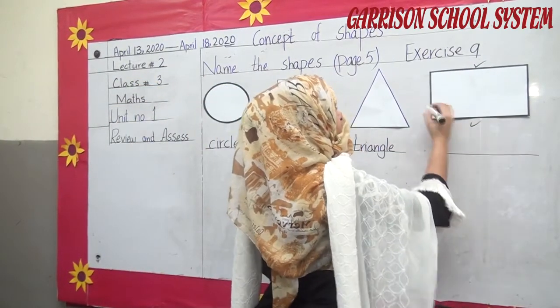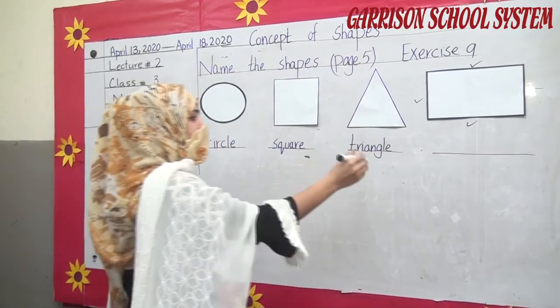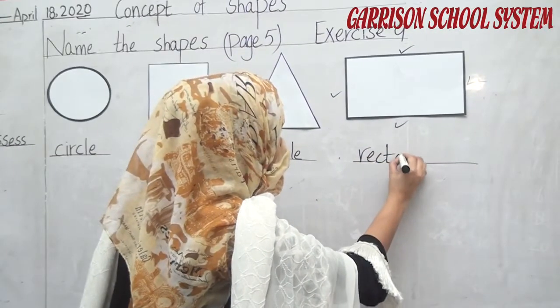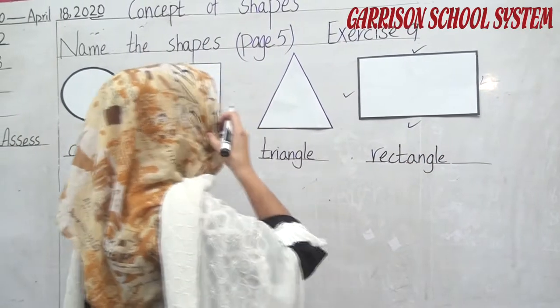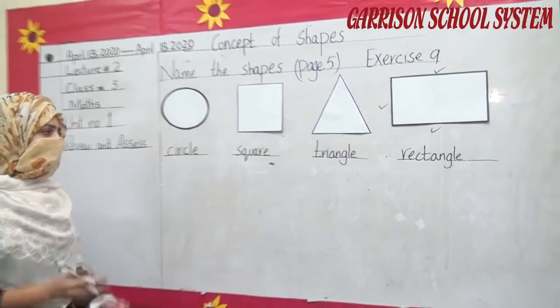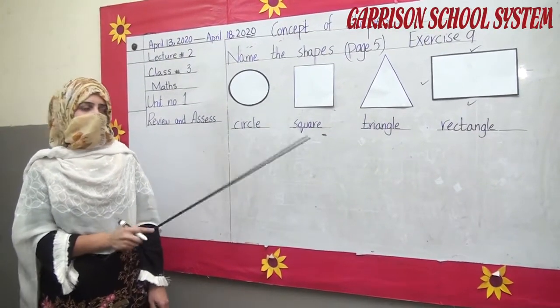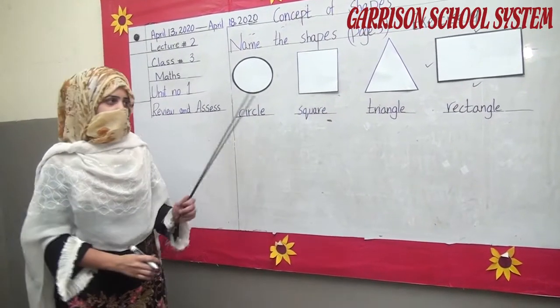These two and these two sides are the same, and this is called rectangle. So these are our shapes. These are simple shapes. We call them flat shapes.